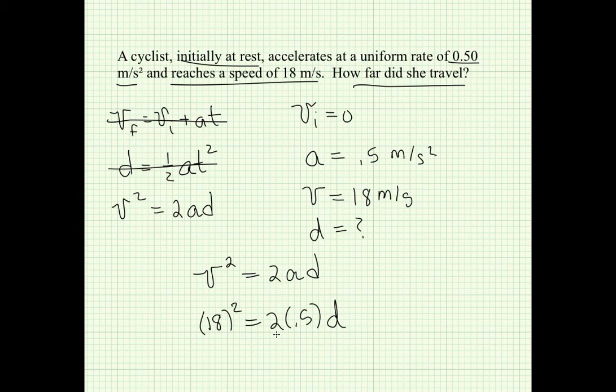All right, let's take your calculator. This time I have to remember to square the 18. And when I square the 18, I get 324. Over on the right-hand side, I have to multiply the 2 times 0.5, which is going to give me 1 times d. I divide both sides by 1, and that tells me my cyclist is going to go a distance of 324 meters.